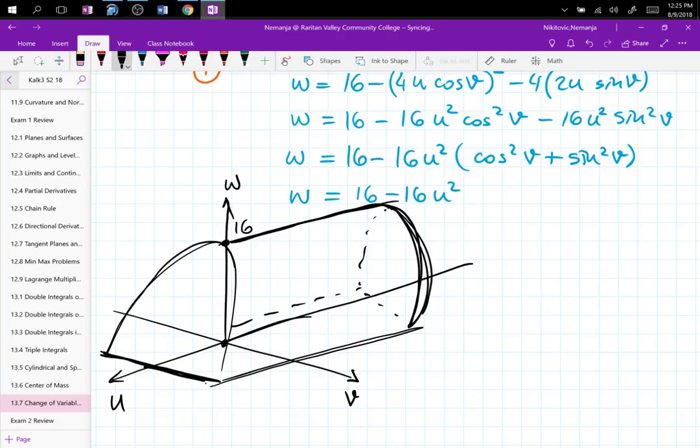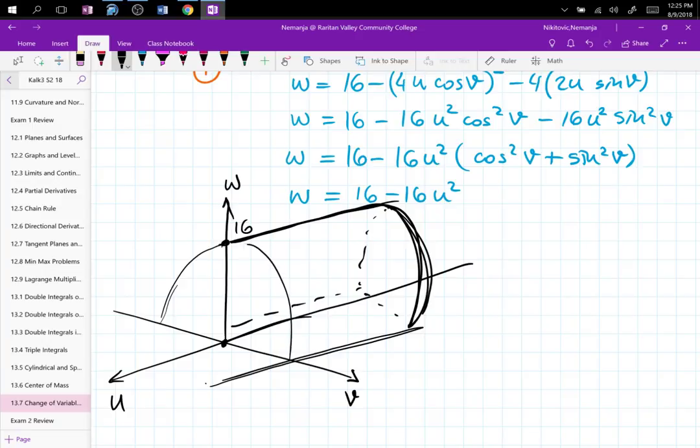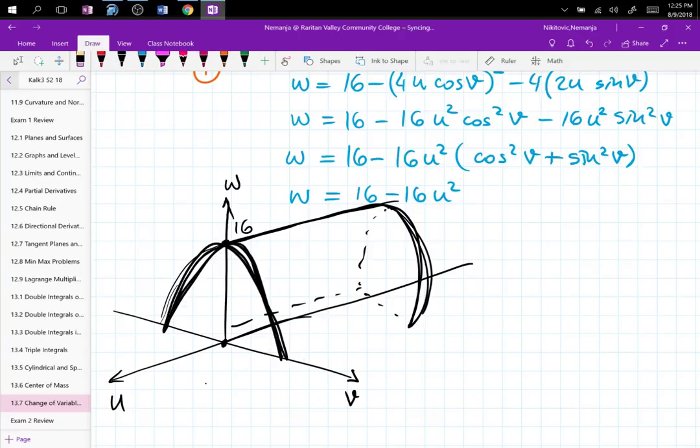Oh wait, I should do it on the x-axis. Is it just one sheet or is it hollow? Yeah, it's hollow inside. It's a tunnel. Well, it's solid for the volume. It's just that this is the outline of it.